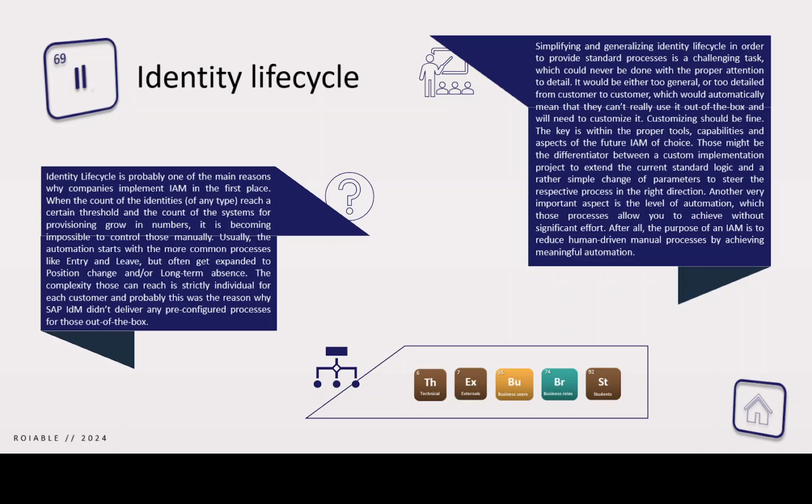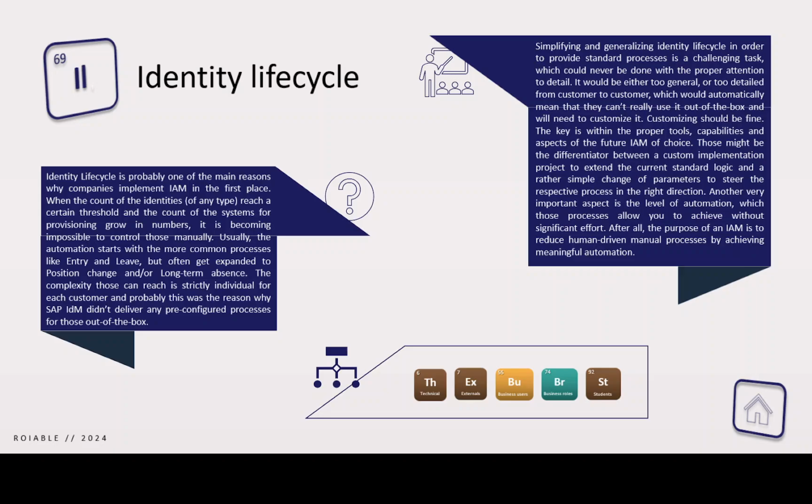When we speak about an IAM solution and the need of such with our customers, the initial driver for implementing this is to create a semi or fully automated process managing the identity lifecycle.